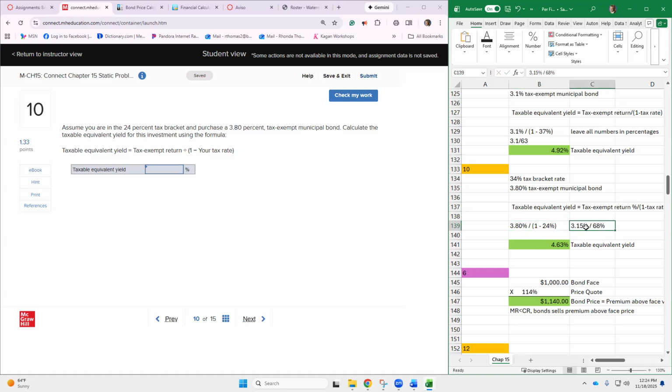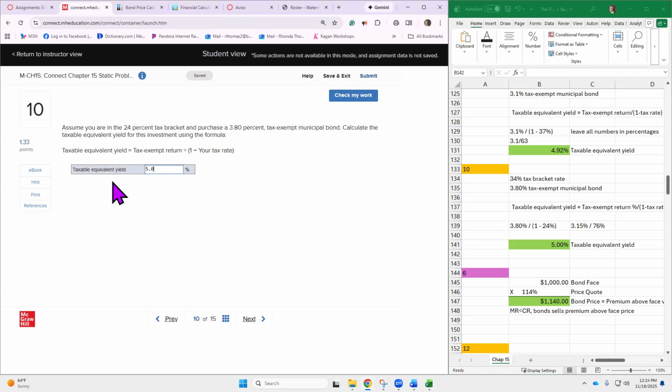So that becomes 3.8% divided by 66%, right? I've got to do my math here. 76%, my fault, 76%. So 3.8 divided by 76. So that's a 5% tax equivalent yield.